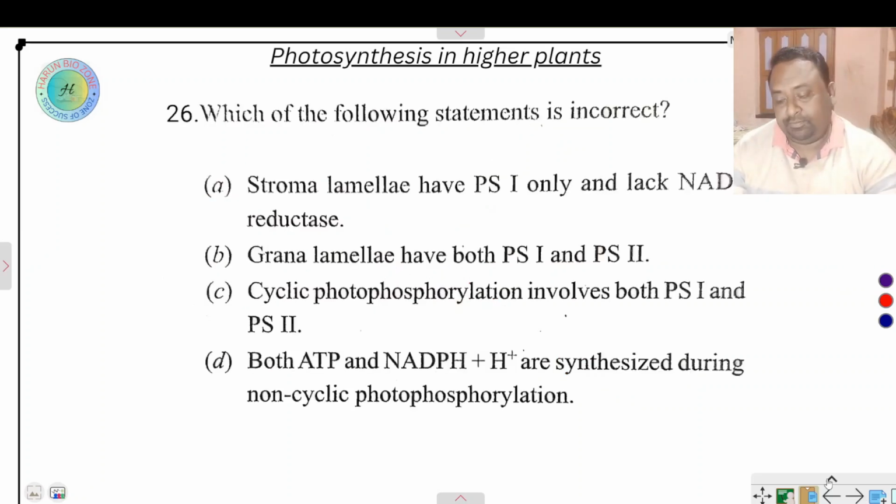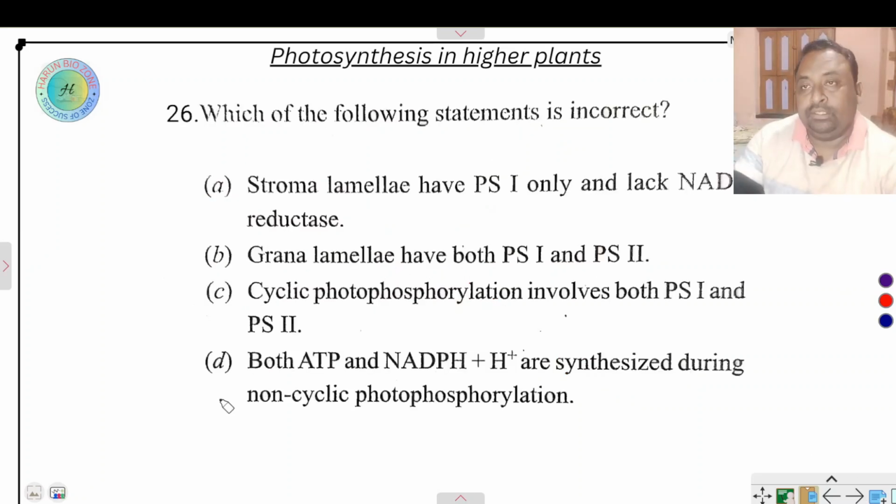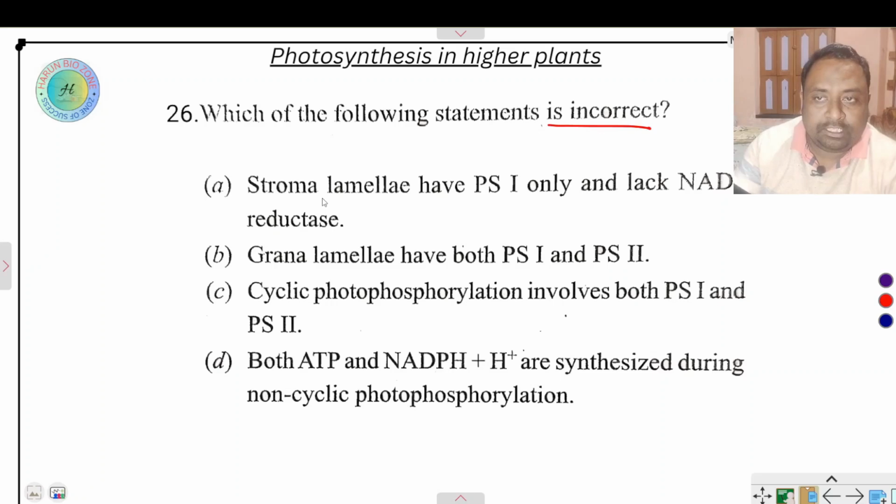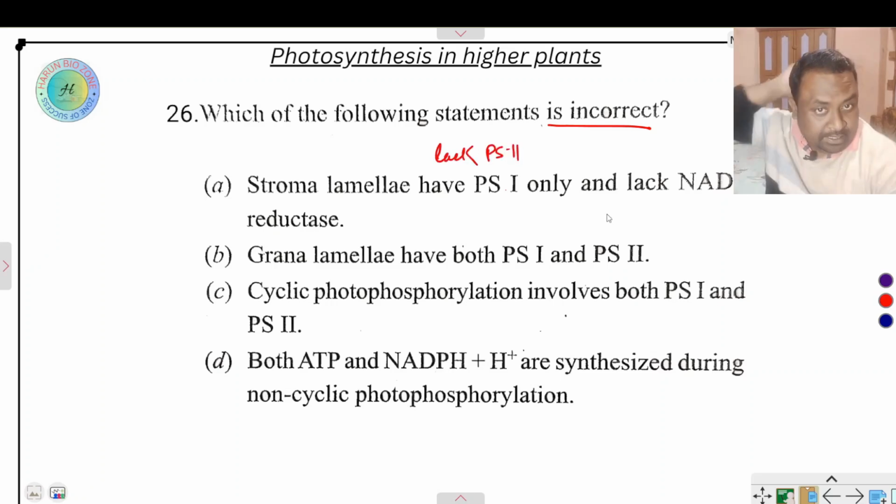Next question is, which of the following statements is incorrect? Stroma lamellae have PS1 and lack NADP reductase. Okay, the stroma lamellae lack PS2 and lack NADP reductase.